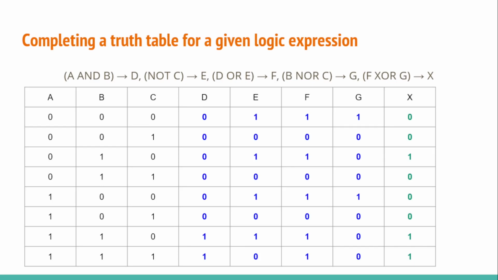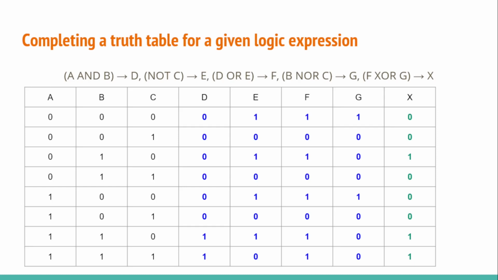Otherwise, we have 1. We have 3 occurrences of 0 as output for F because both D and E are zeros. These appear in row 2, row 4, and row 6, respectively.